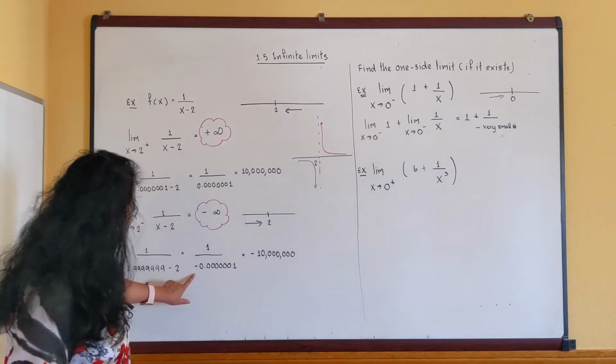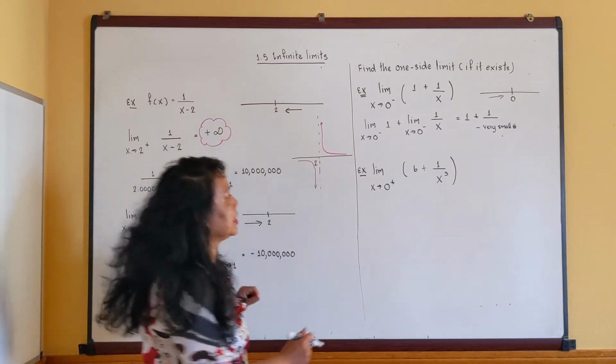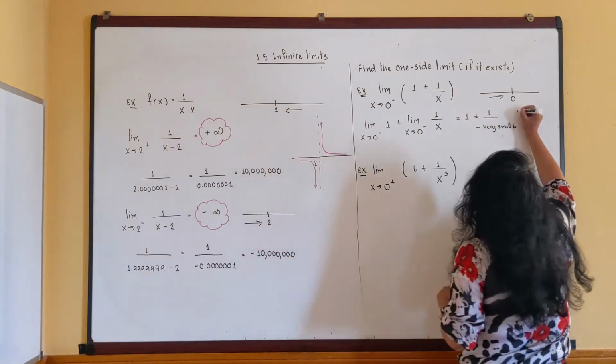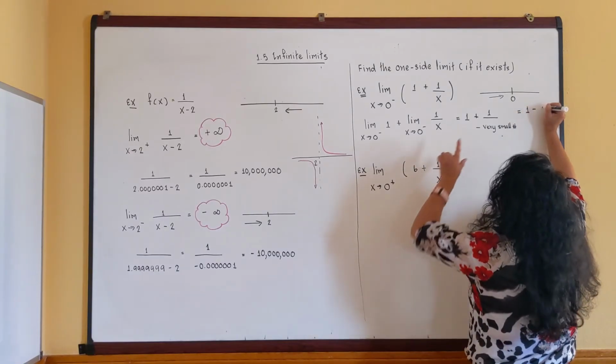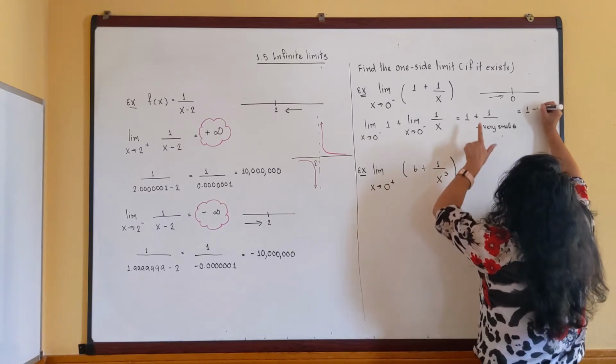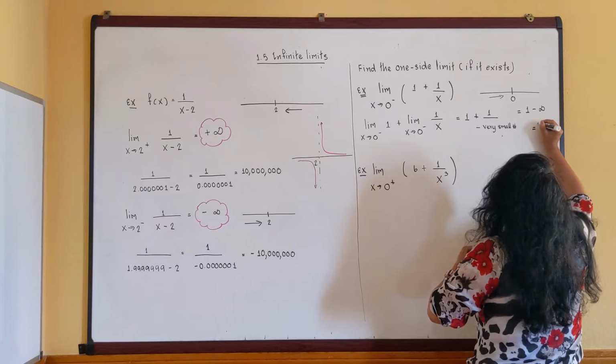Same idea as this one, a very small negative number. You're going to have negative infinity. So you're going to have 1 minus infinity, or plus minus infinity, which is minus infinity.